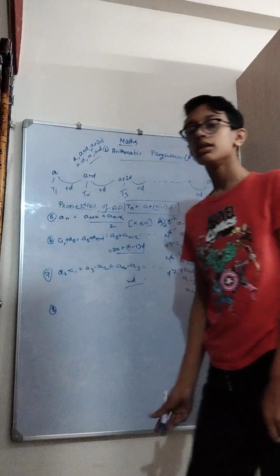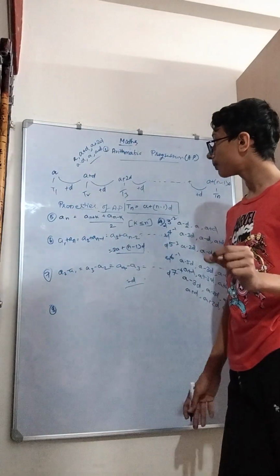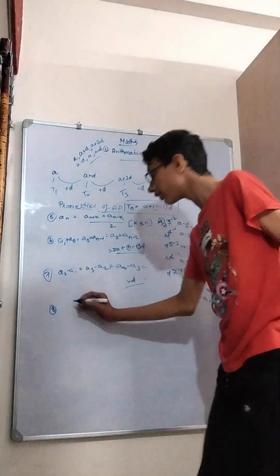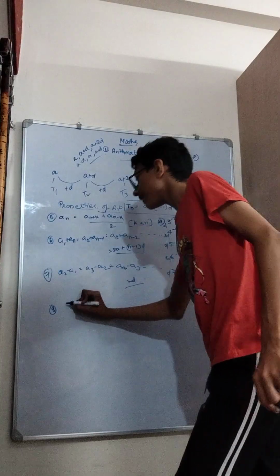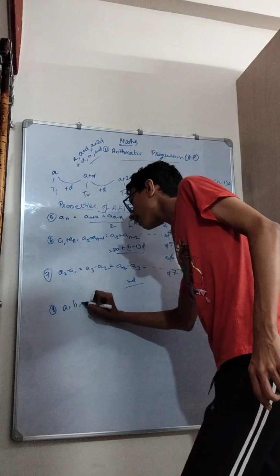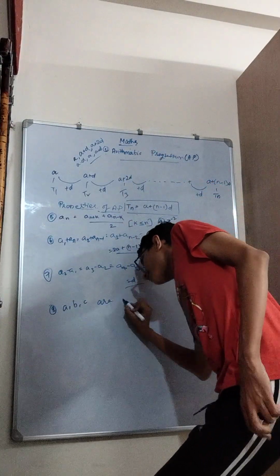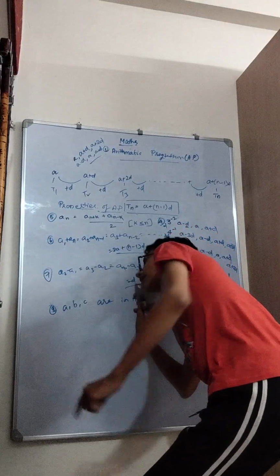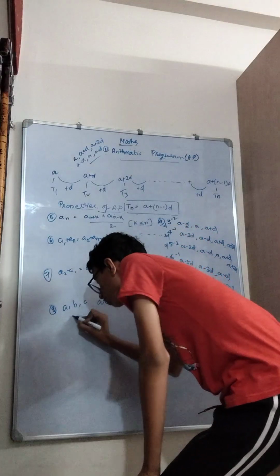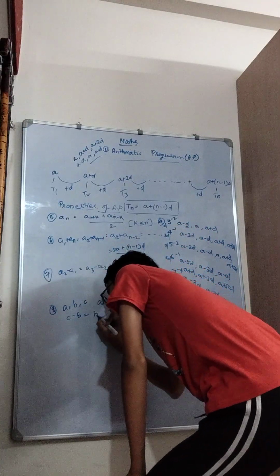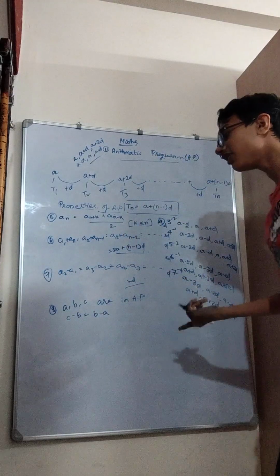So 8 properties are there. If a, b, c are in AP, then c minus b would equal b minus a, right? Because both of them are d itself.